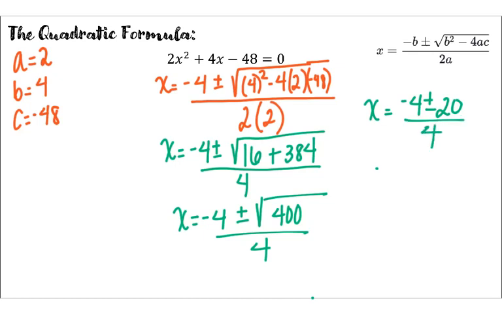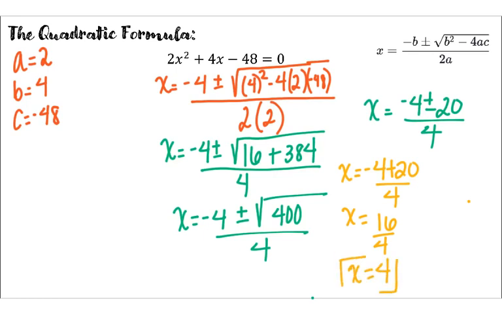And then this is where we open the way for our two solutions. The first solution is obtained by doing x is equal to negative 4 plus 20 divided by 4. If we simplify that, negative 4 plus 20 is 16, and we still have it divided by 4. So x is equal to 4.